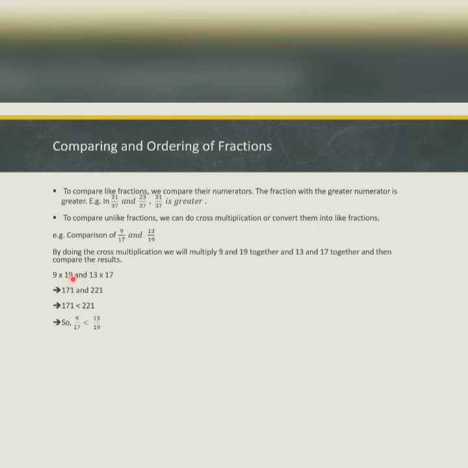So 9 multiplied by 19 is equal to 171, 13 into 17 is equal to 221. So 171 is lesser than 221, therefore 9 upon 17 is lesser than 13 upon 19.